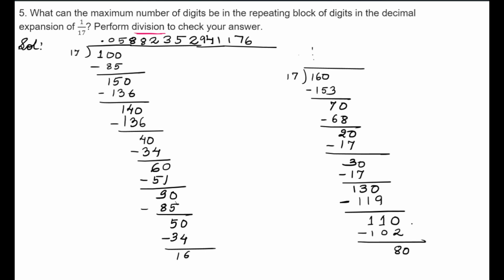Put a 0. 4 times you get here 68. Subtract it and you get here 12. Again, this 12 actually moves here. So it is 120. We are dividing it by 17. So 120 is again 7 times. You get here 119 minus, and you get here 1.